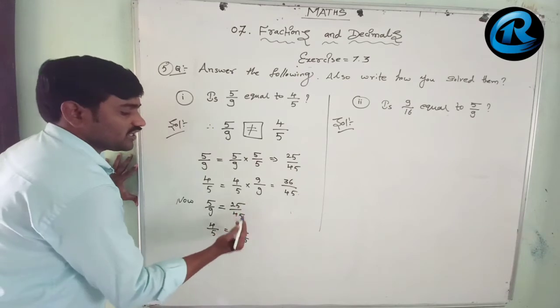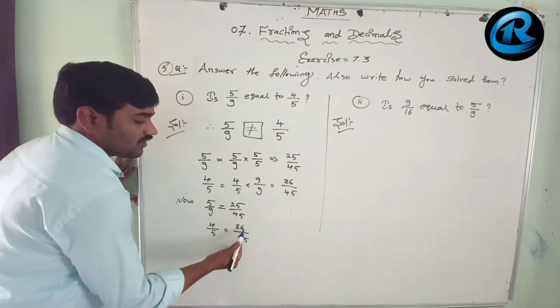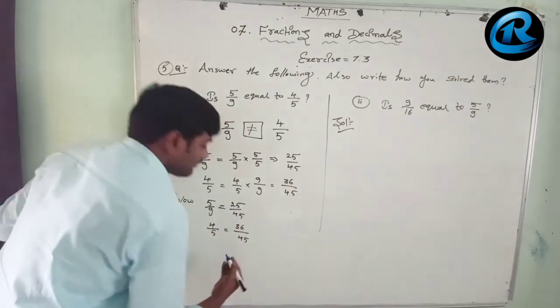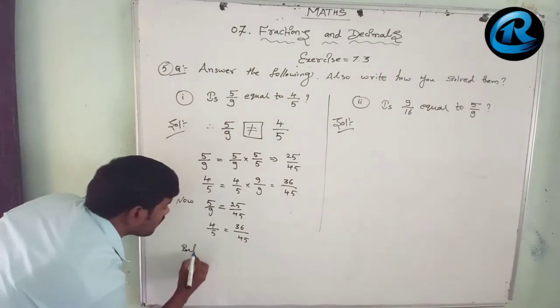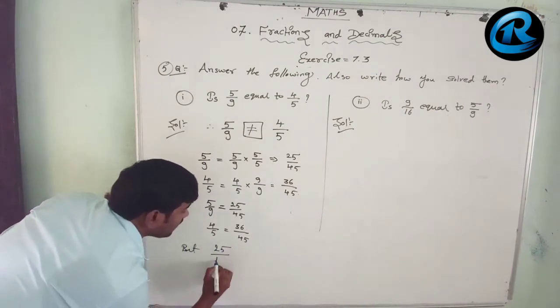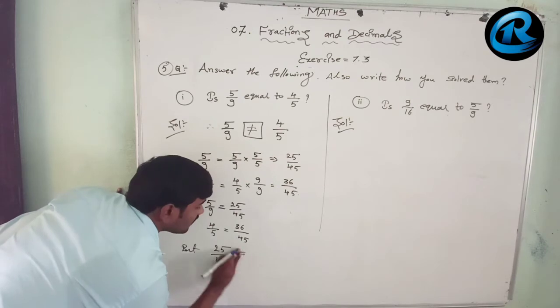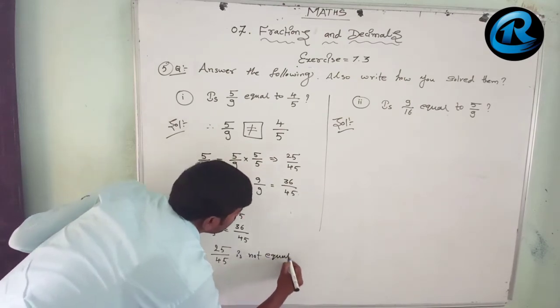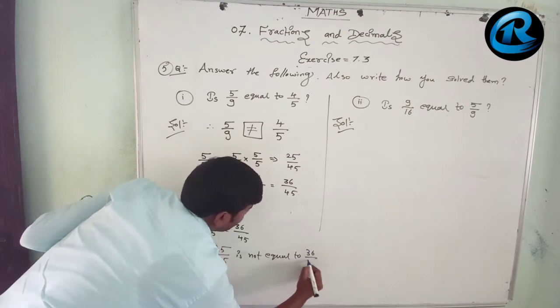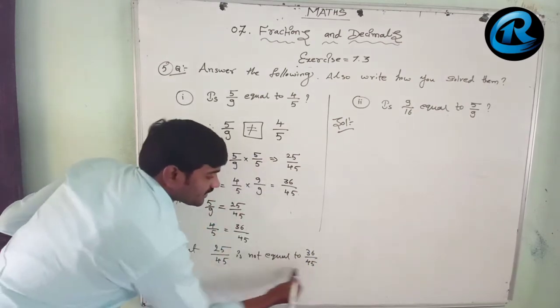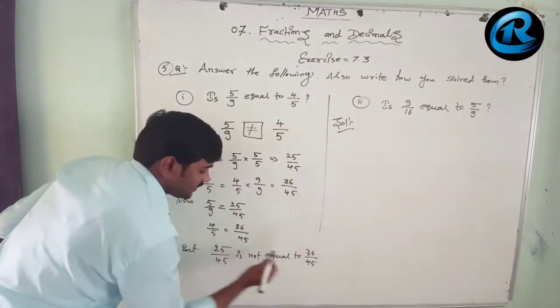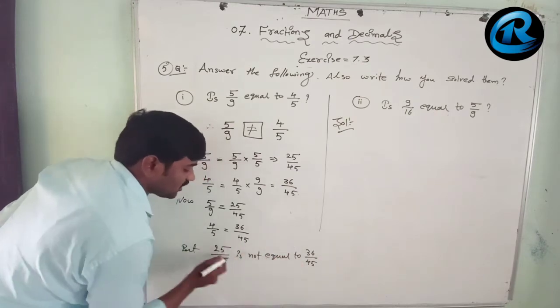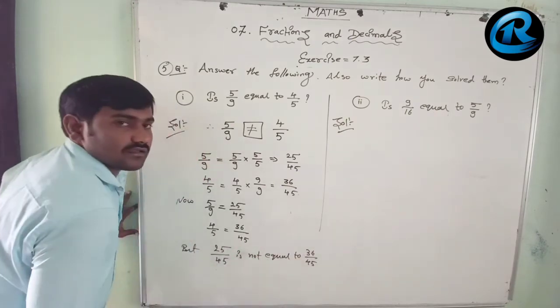But here 25/45 is not equal to 36/45, because here denominators are same. We have to compare the numerators. While comparing the numerator, 25 is less than 36.